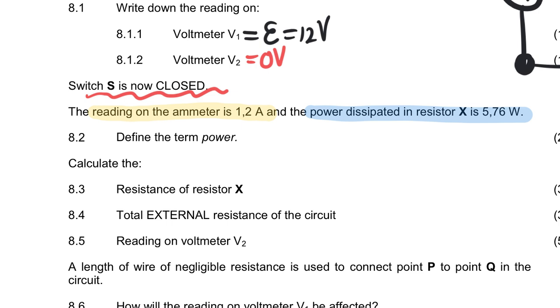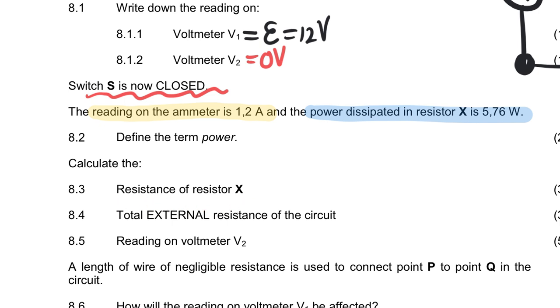Now, we do not know what the resistance of resistor X is at the moment, but we are going to use this ammeter reading and the power given in order to determine the resistance. So it says calculate the resistance of resistor X.